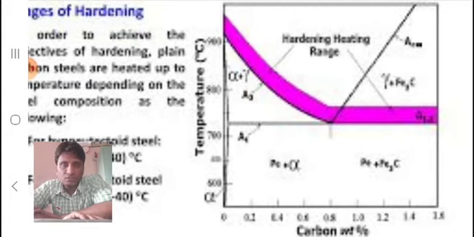But the core region remains austenite, called retained austenite.